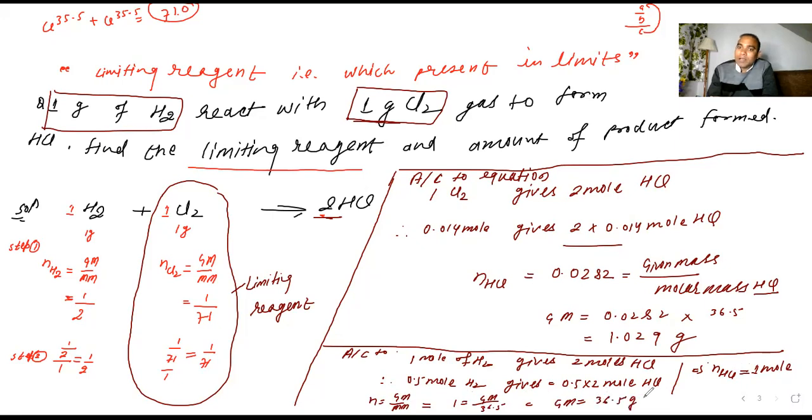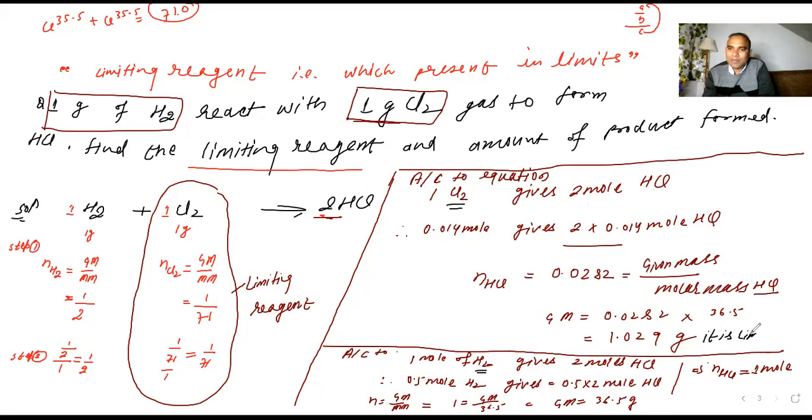36.5 gram. In which case is the product least? In case of Cl2 or in case of H2? Cl2. So which can be the limiting reagent? Cl2, so it is the limiting reagent.